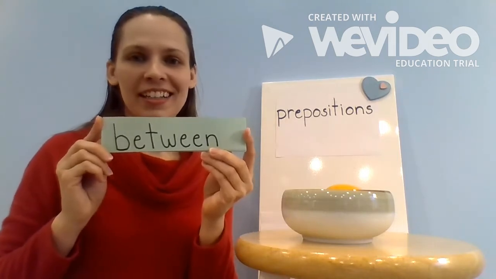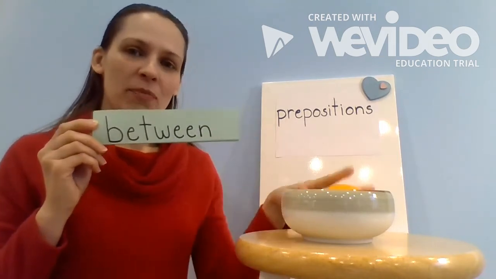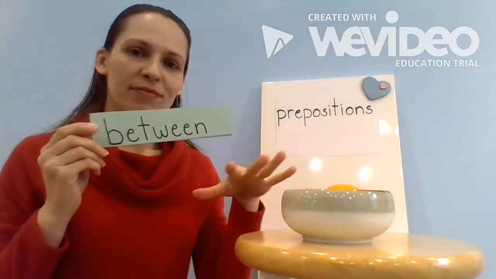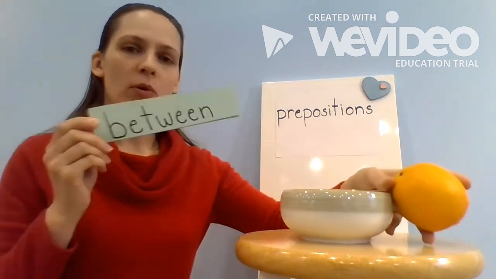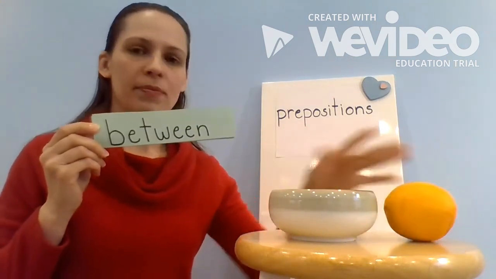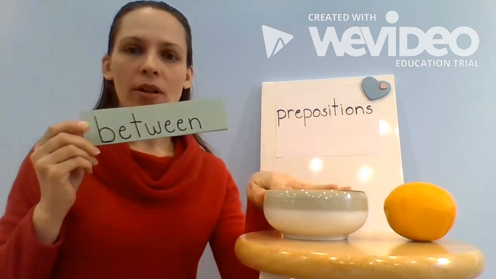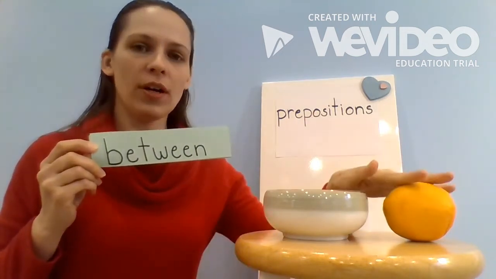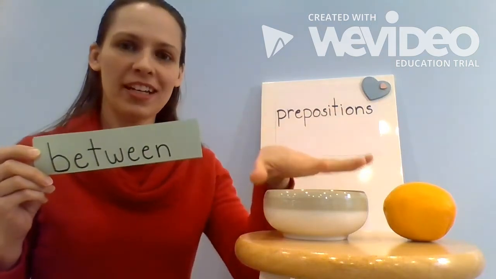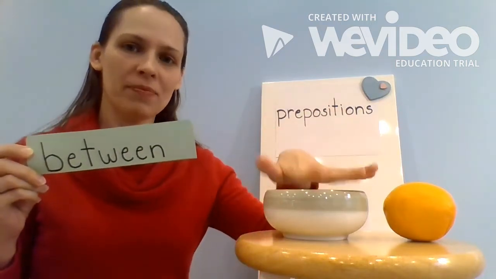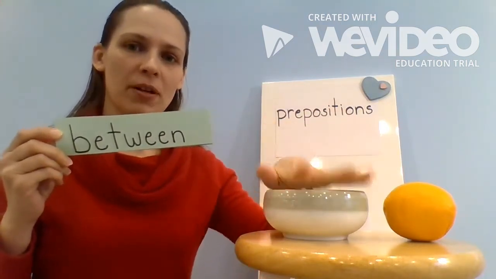Between. Is there something between here? Not really, but if I put it this way, the bowl is between the orange and me. Between. It means in the middle. Okay, between is in the middle.